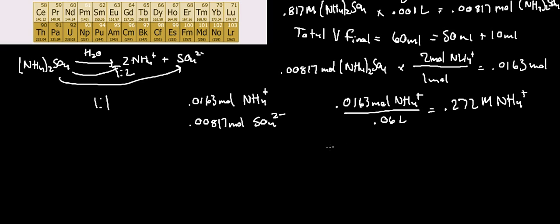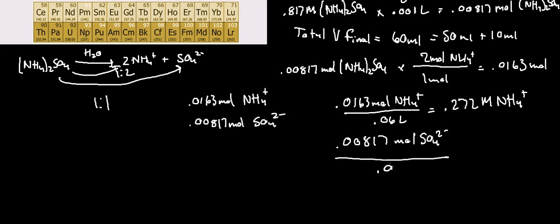and then for SO4 2-, it's going to be the same thing except 0.00817 moles. So 2 minus, I was about to write plus, what I meant to do was a minus.